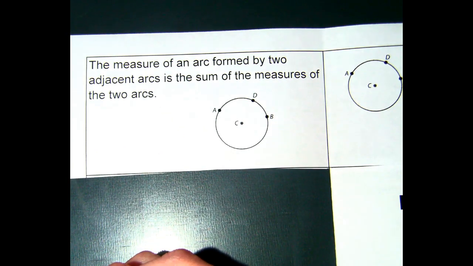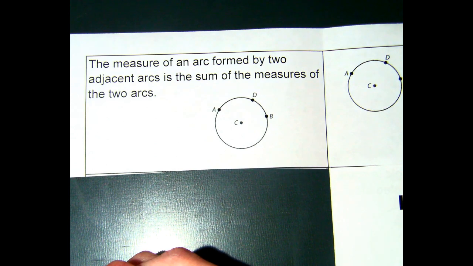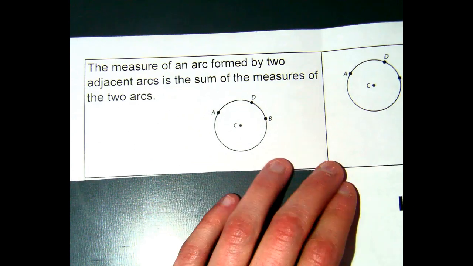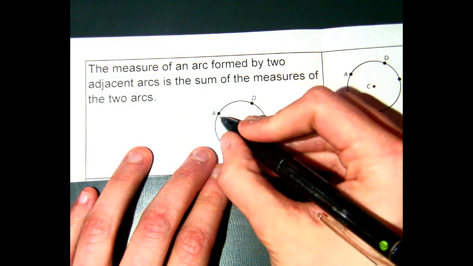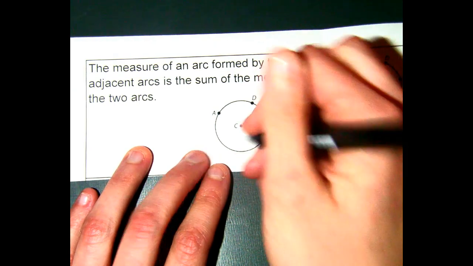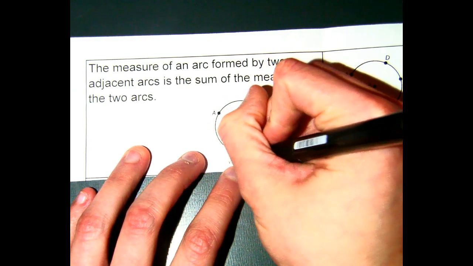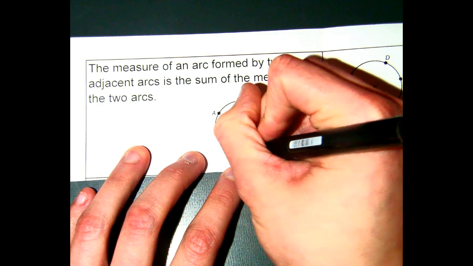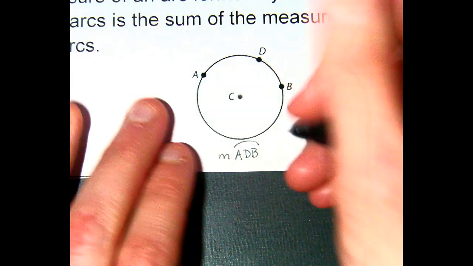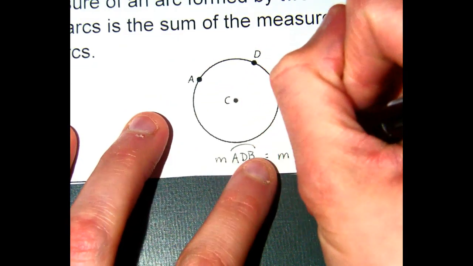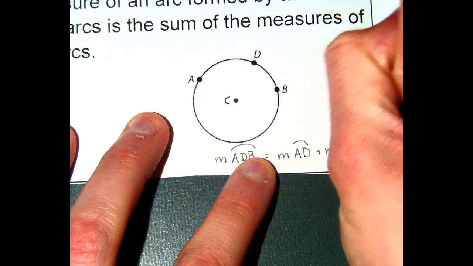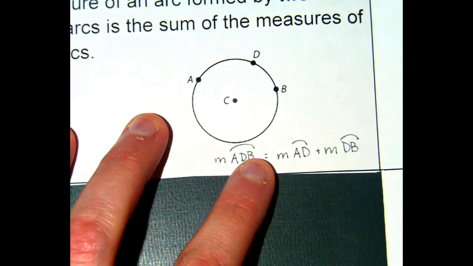The measure of an arc formed by 2 adjacent arcs, remember side by side, is the sum of the measures of its 2 arcs. So our formula, then, is that the whole thing, the measure of ADB with an arc over it, is equal to the measure of its smaller pieces, AD plus DB. We kind of did that yesterday in the work.